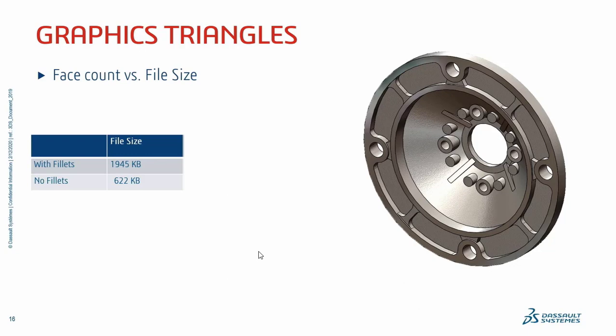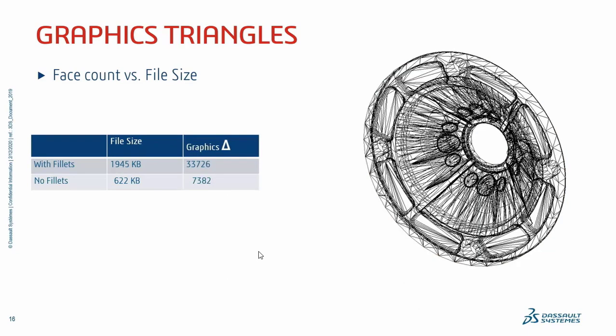What I want to conclude is that for every feature you take into the model, I confirm that it is a modeling need or a design need. But you have to wisely optimize these features, because it ultimately contributes to your file size and indirectly your graphics triangles.